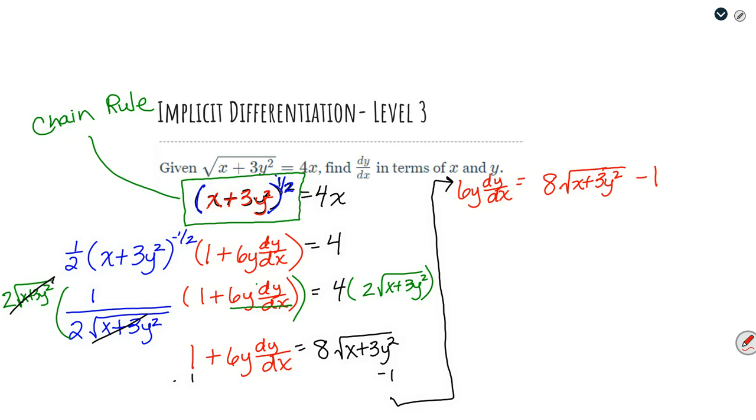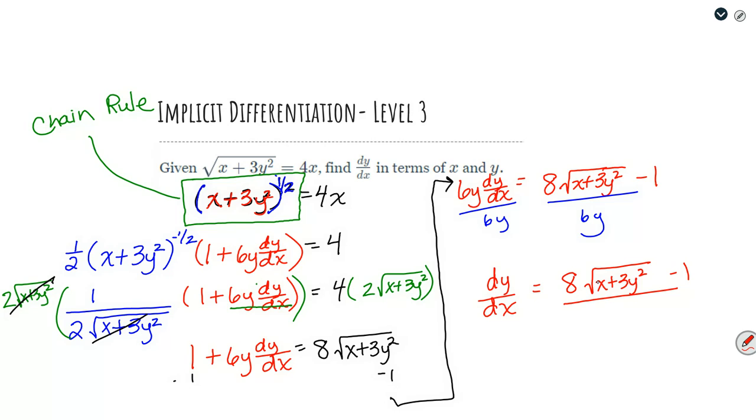Notice the minus 1 is outside the square root. And then to isolate the dy/dx, you can divide both sides by 6y. So I have my derivative: dy/dx equals 8 square root of x plus 3y squared minus 1, all over 6y.